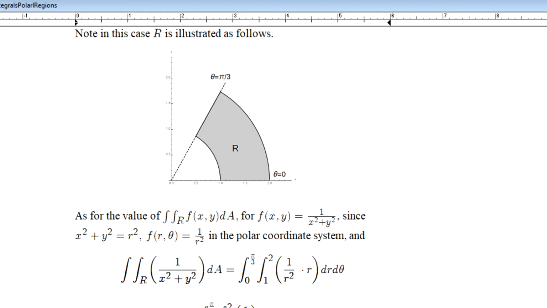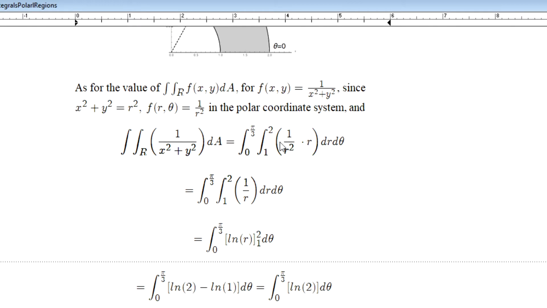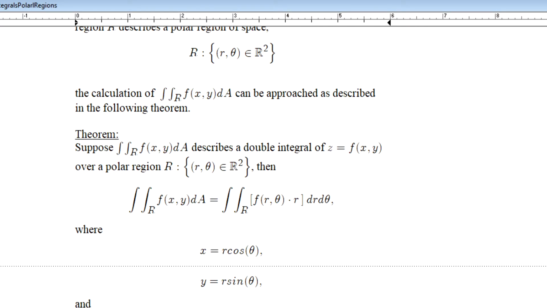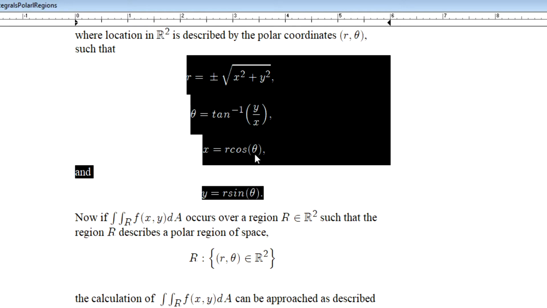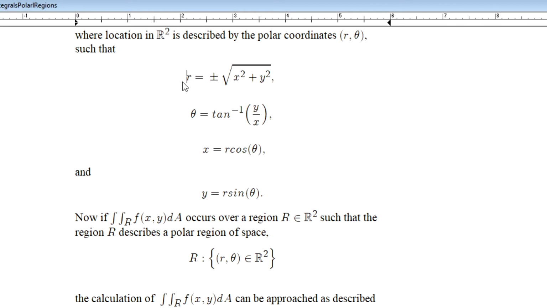Where again in this calculation we have an integrand expressed by rewriting our function f in terms of r and theta. And the way that is going to occur, folks, is we have to go back and rely on these relationships between r, theta, x, and y.